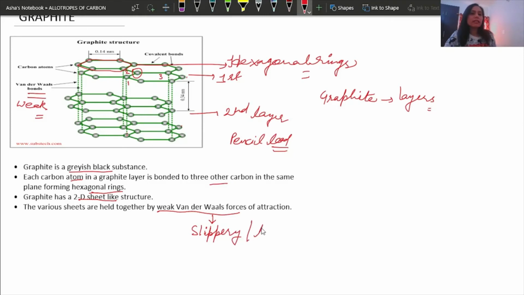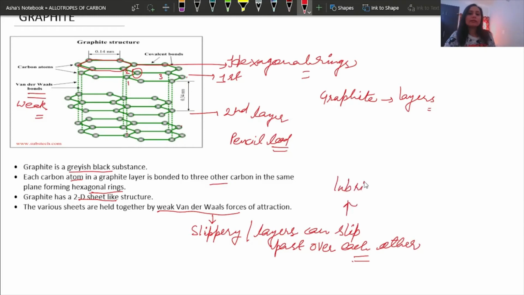That is, the layers can slip past over each other. And because of this, graphite is used as a lubricant.